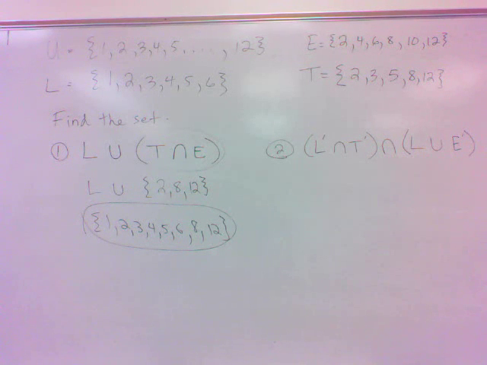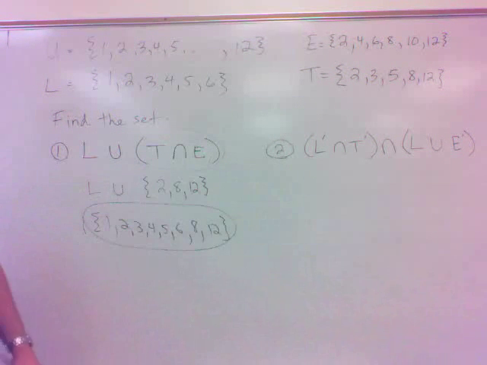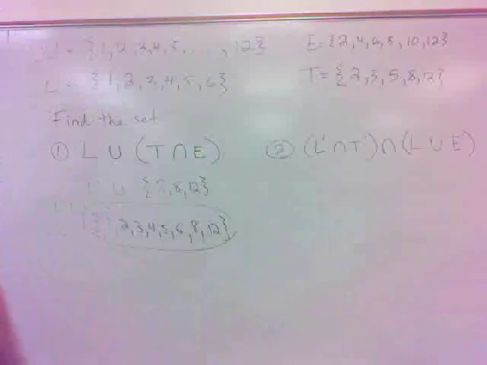Right? Okay. What do we do there? Well, we've got 2 parentheses, so I'm obviously going to do those first. I'm going to do this set, then I'm going to do that set, and then combine those two.